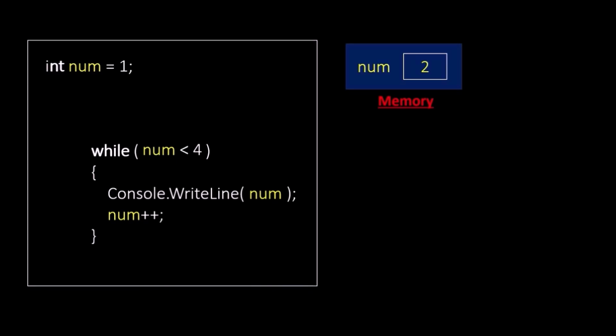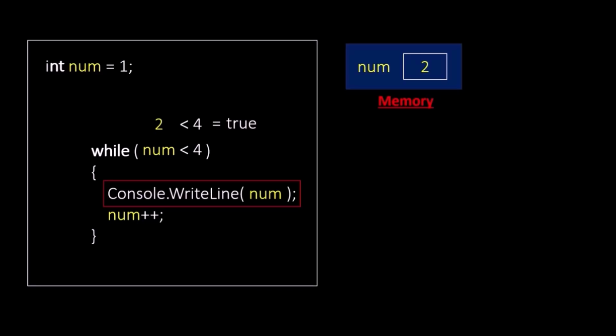Now the while loop will check the condition num is less than 4 again, but the value of the variable num has already become 2. So the condition becomes 2 is less than 4, and the expression 2 is less than 4 is true. When the condition is true, the program enters the while loop and executes the statements inside it.